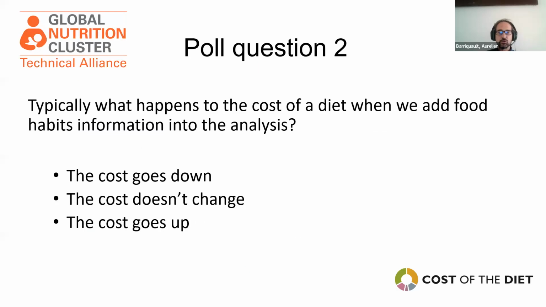So here we will launch the second poll question. Typically, what happens to the cost of the diet when we add food habits information into the analysis? There are three options: the cost goes down, the cost doesn't change, or the cost goes up.